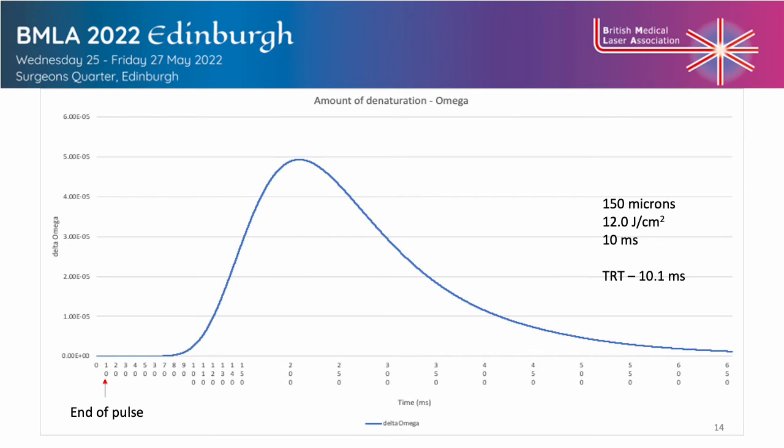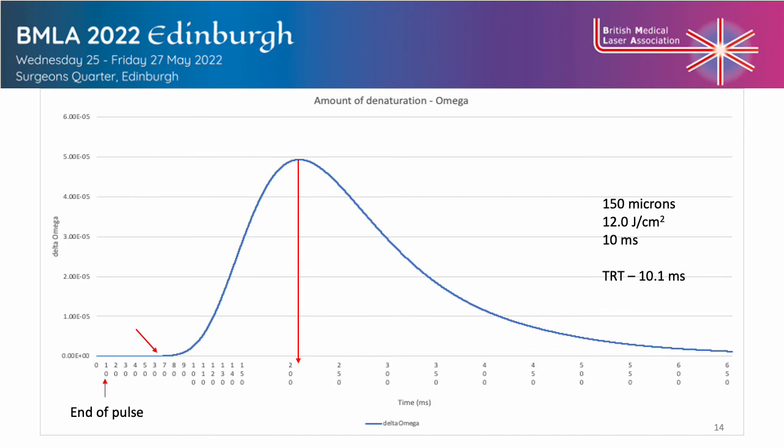So not an awful lot of denaturation occurs until this point, 60 milliseconds after the end of the pulse. That's because it takes that amount of time for the heat to diffuse out to the germ cells and then start to raise the temperature of those cells to begin the denaturation process. That process then increases until it peaks at about 210 milliseconds.